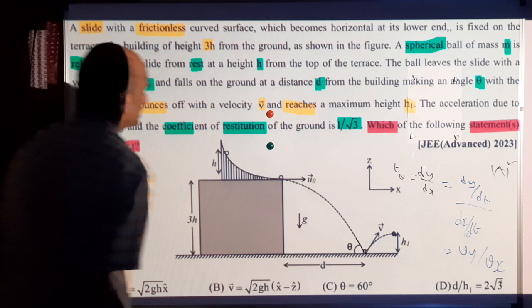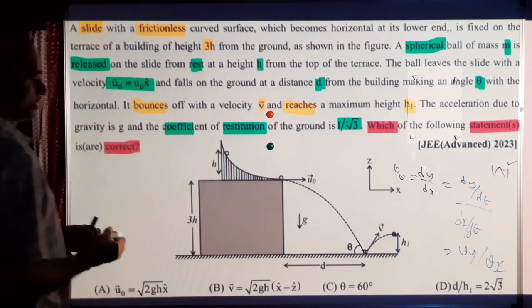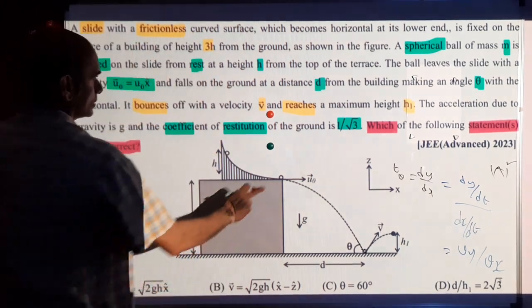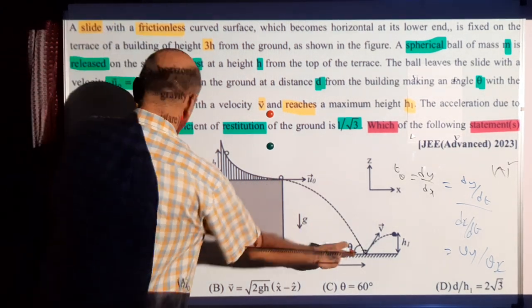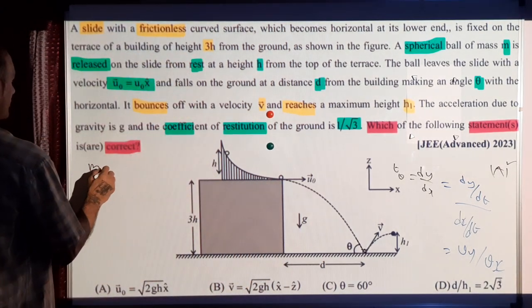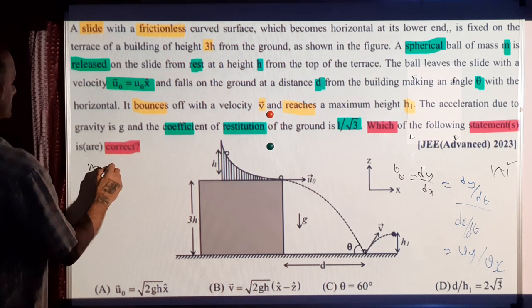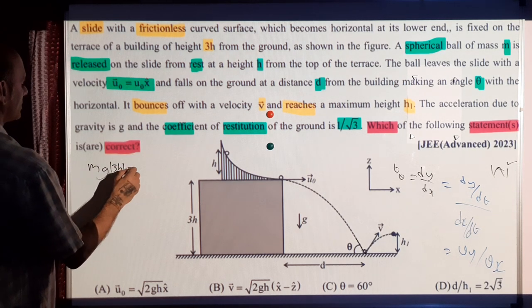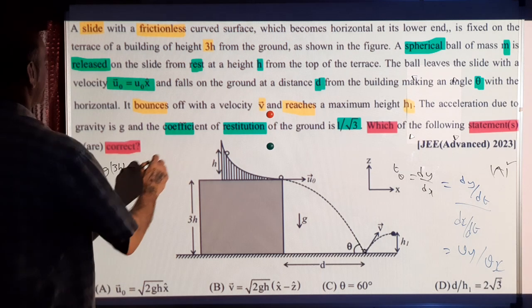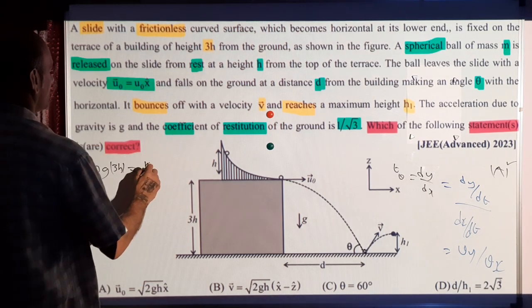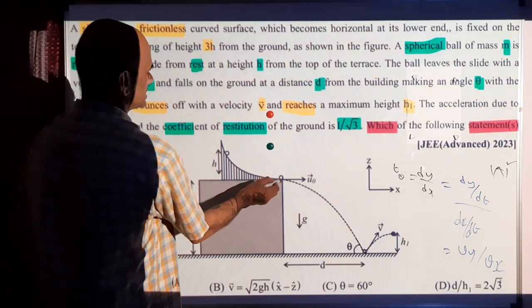One way to get this vertical velocity is to write the energy conservation between these 2 points. The loss in gravitational potential energy is mg times the loss of height, which is 3h. That will go into the increase in the vertical kinetic energy, because the horizontal kinetic energy is the same, half m u naught square.